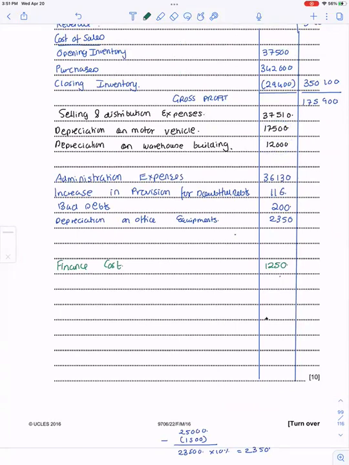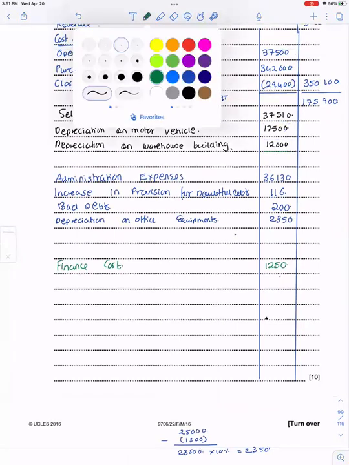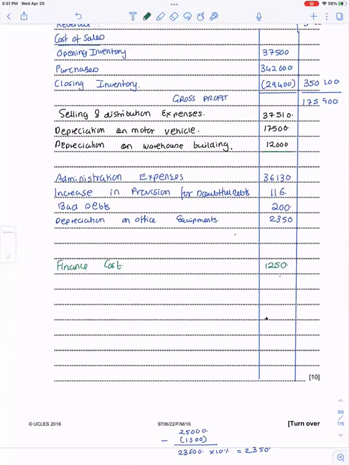Come on, do the total of selling expenses and give me. Is it 67010? Total of administrative expenses. Do the total and give me. $38,796.